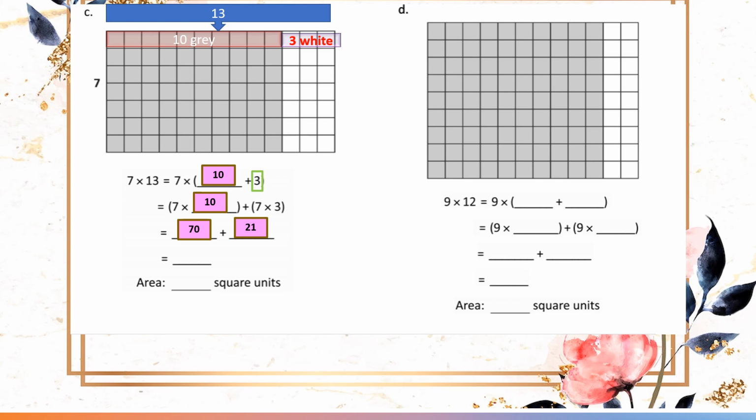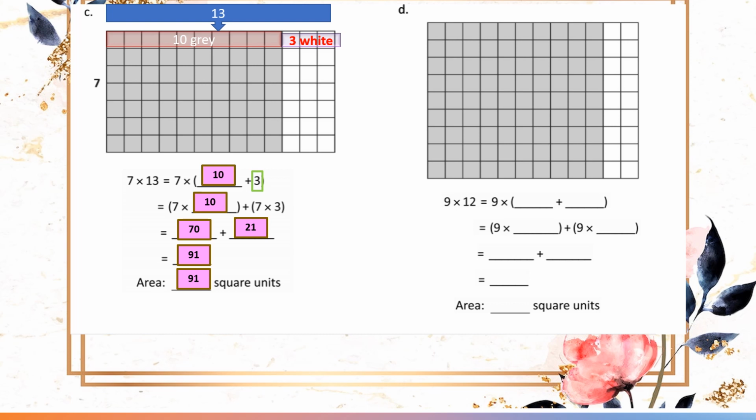What's 70 plus 21? If you said 91, you're absolutely correct. So our area is 91 square units. 7 times 13 is 91. Again, all we did was use the distributive property to break apart the larger number to make it a little easier to solve.